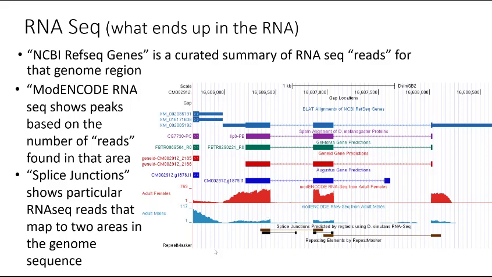Finally, we have splice junctions, and these are just a particular subset of the RNA-seq reads, and they specifically include only the ones that map to two different regions in the genome.